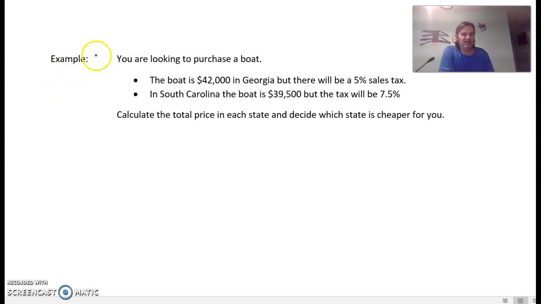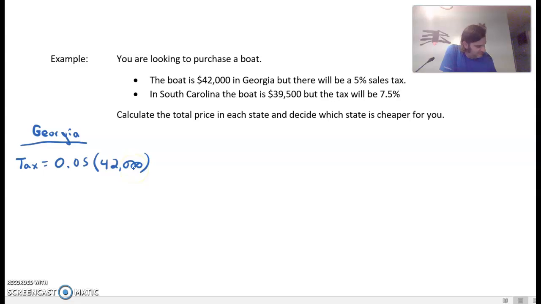So let's just kind of lay it out and see what happens. So let's come over here and let's do Georgia. So let's calculate the tax first. The tax will be 5%, which is 0.05, times the 42,000. So 0.05 times 42,000 is $2,100.